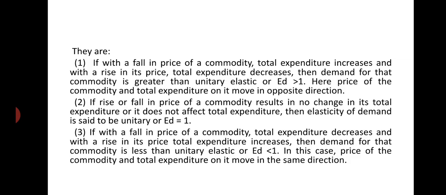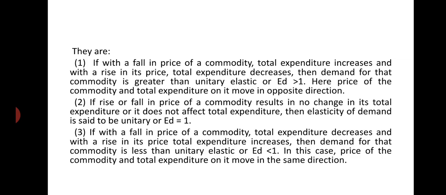Then the third possible situation is, if with a fall in price of a commodity, total expenditure decreases, and with a rise in its price, total expenditure increases. With a fall in price, total expenditure decreases. With a rise in price, total expenditure increases. What is the case of demand here?